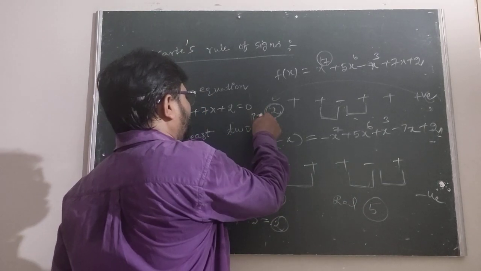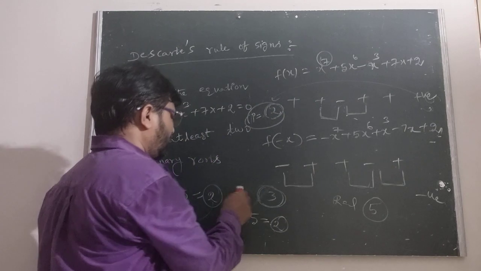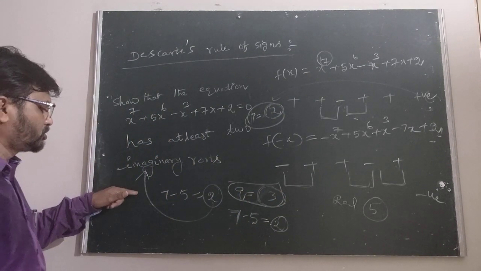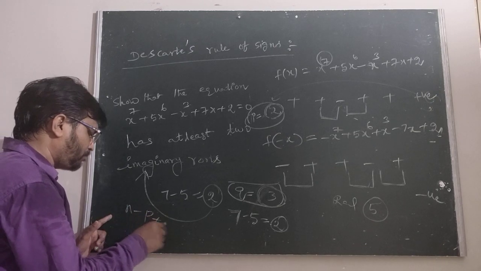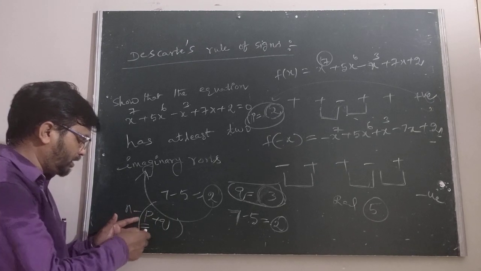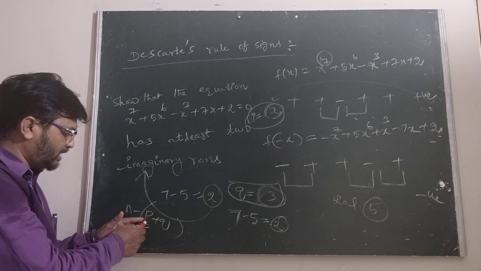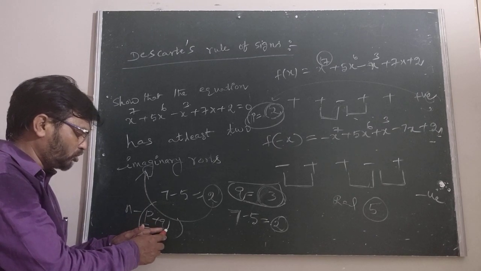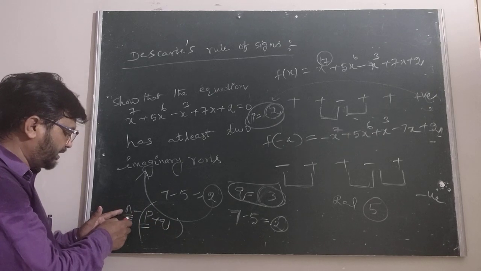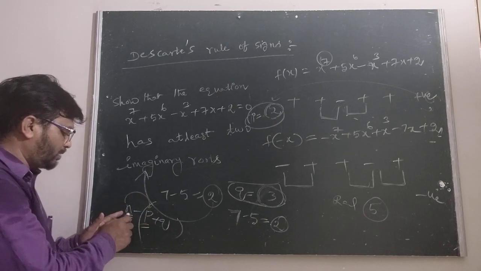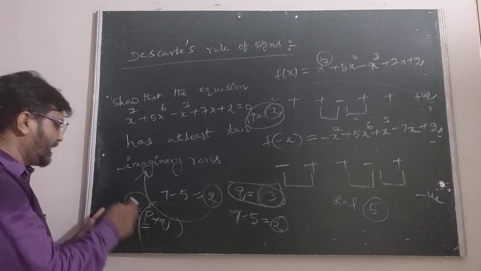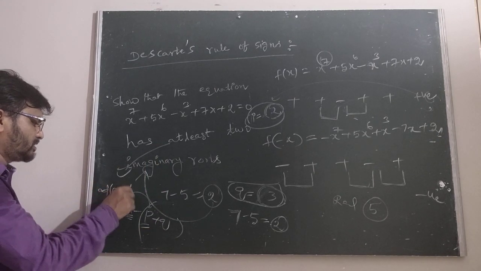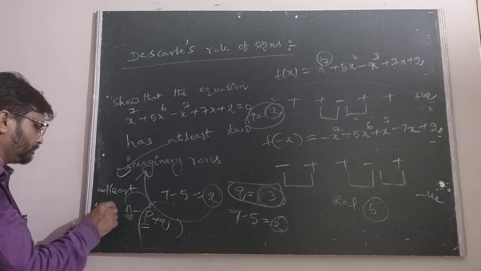Here we are taking p as 2 and q equal to 3. The number of imaginary roots is at least n minus of p plus q, where p is the at most p positive roots, q is the at most q negative roots, and n is the degree.